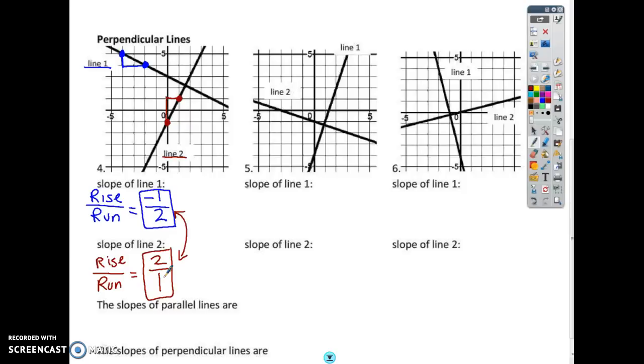So down here where it says the slope of perpendicular lines are negative reciprocals, all that means is you flip them and change the sign. Okay, you're going to be flipping and changing the sign. Those are negative reciprocals.